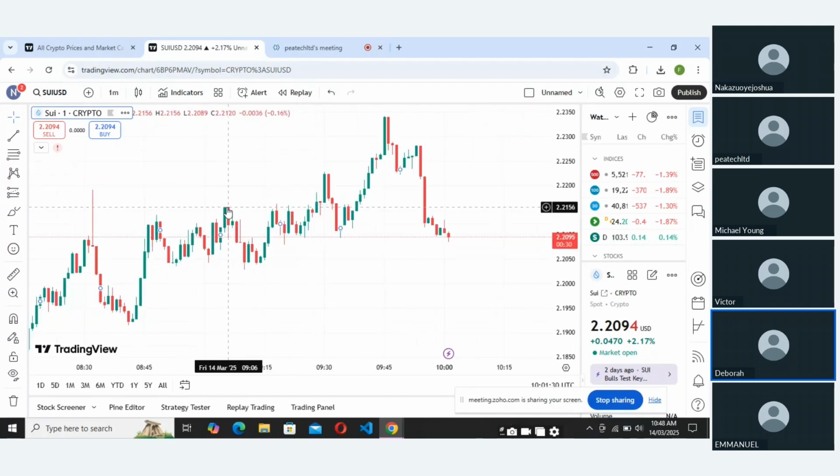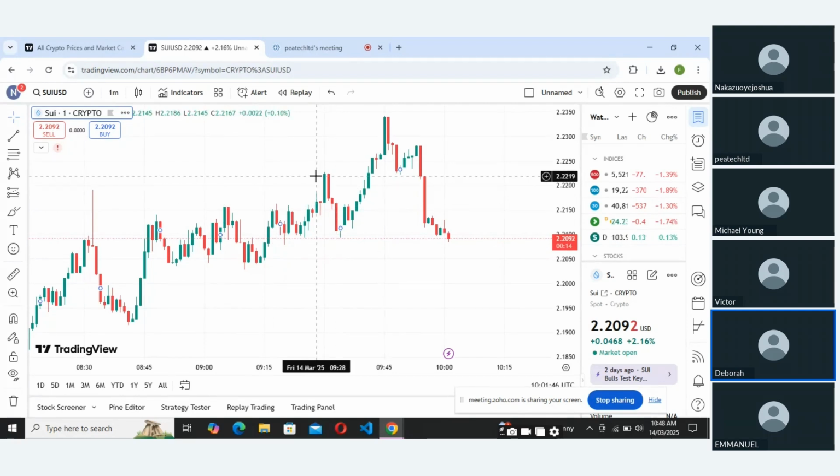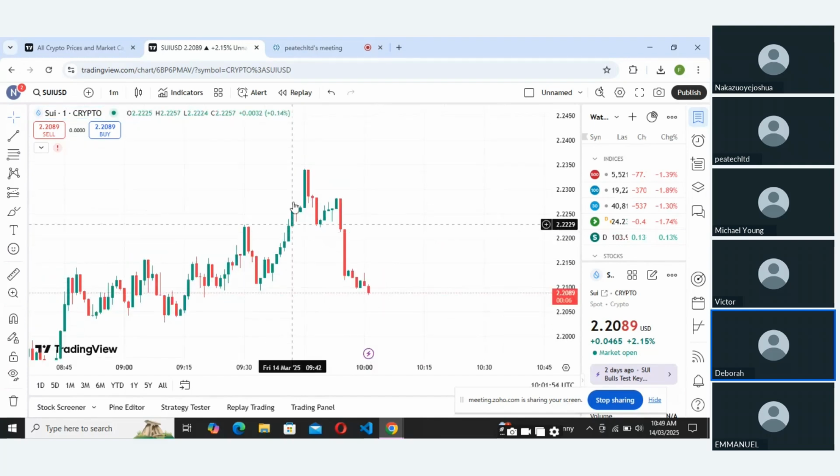The other resistance that followed is still higher than the previous high. Then the next resistance that followed looks like a higher low, a little bit lower than the previous one. Then the next one is a higher high, and the one following it is also a higher high.